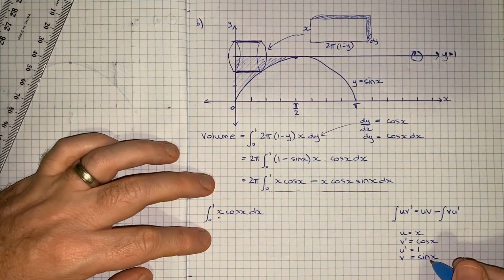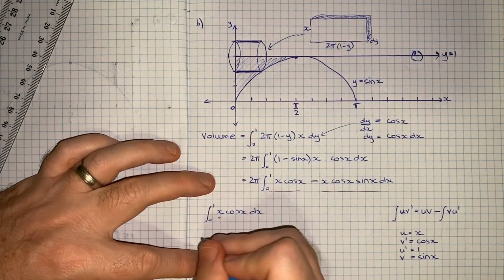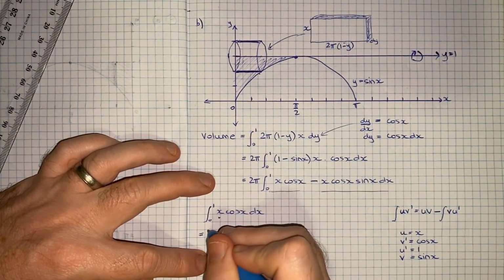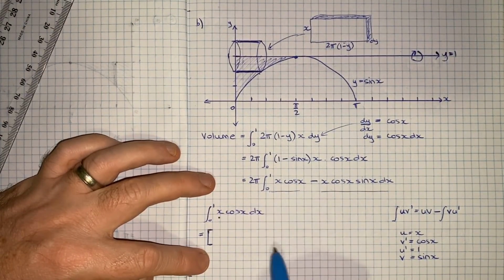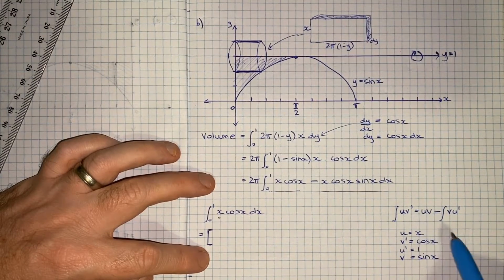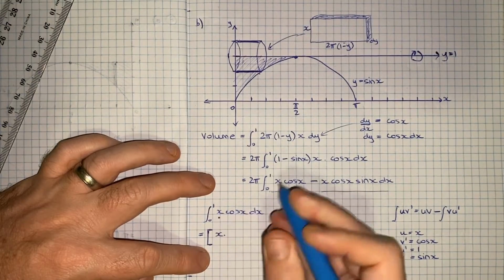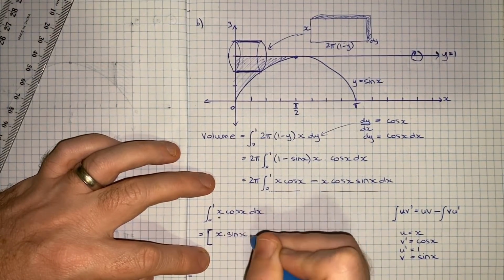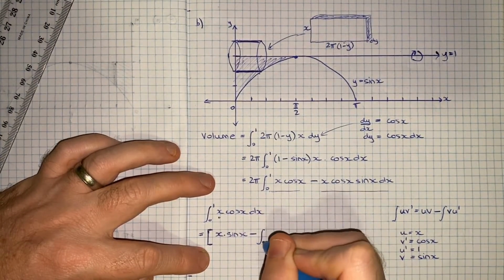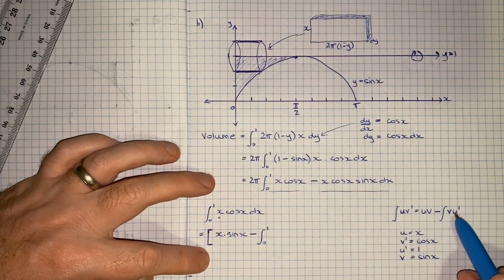So now we can do our integration because this integral will then become, if I evaluate, we'll have u times v, so x times sine x, minus the integral from 0 to 1 of v times u dash.